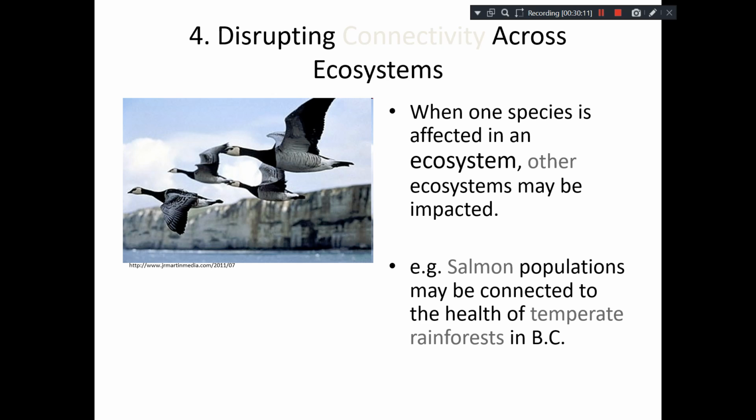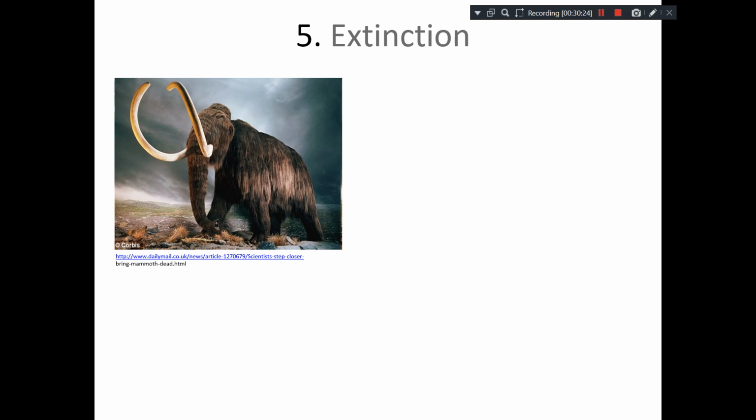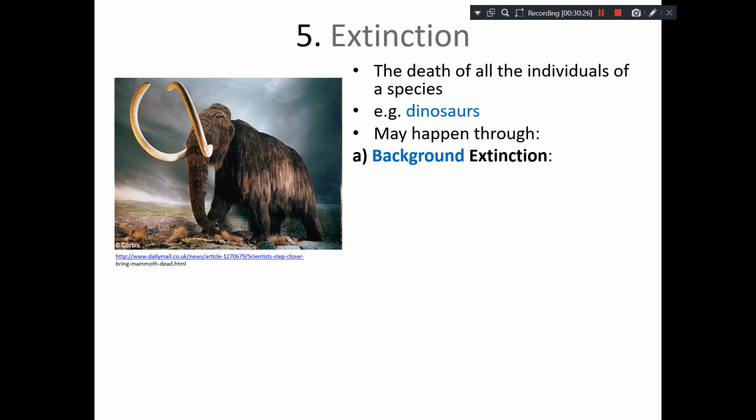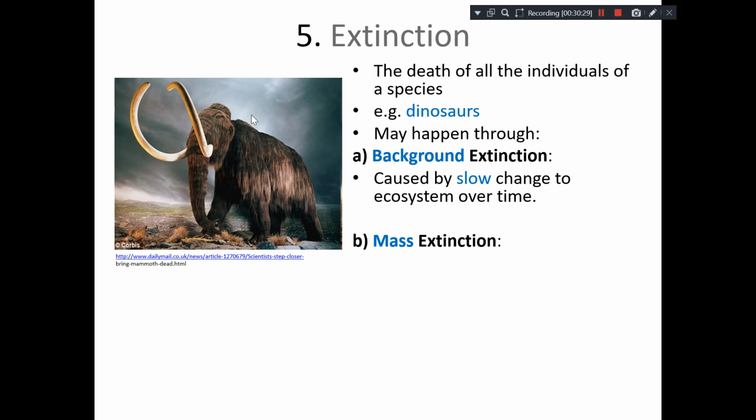Now, if a dam is built, naturally they cannot cross over this dam. So they fail to reproduce and they become extinct. See, this is one example which has led to extinction. This is the woolly mammoth, the ancestor of our elephant.